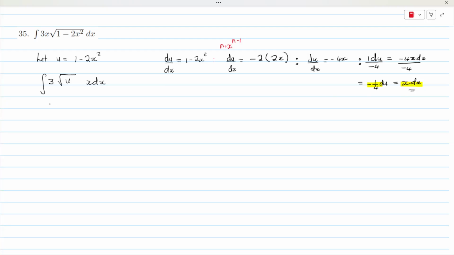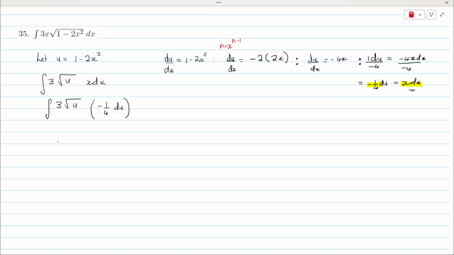So I can say it's the integral of 3 root u, and then for x dx I simply substitute negative 1 over 4 du, because I've already identified that x dx is the same as negative 1 over 4 du.